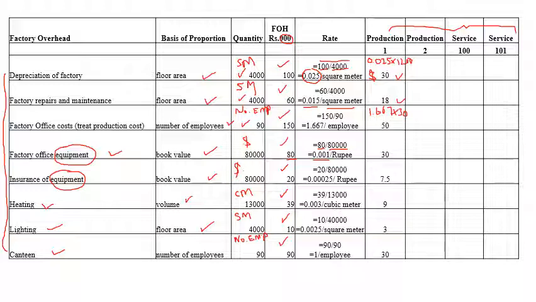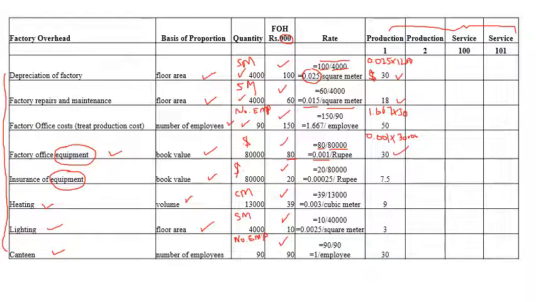And the factory office equipment used in department 1 is 30,000. So 30,000 multiplied by 0.001, you will get $30 of FH in department 1.